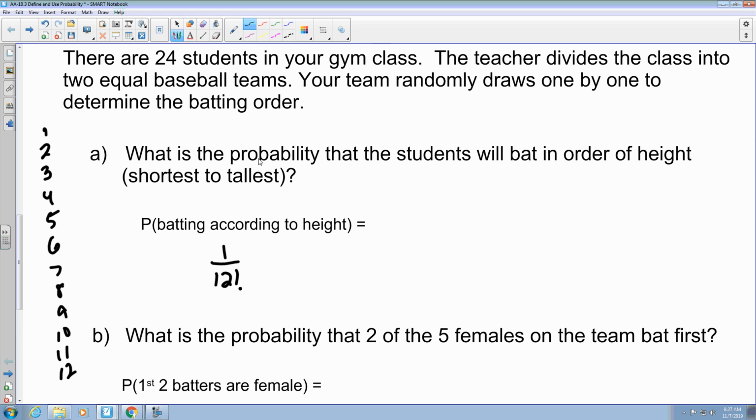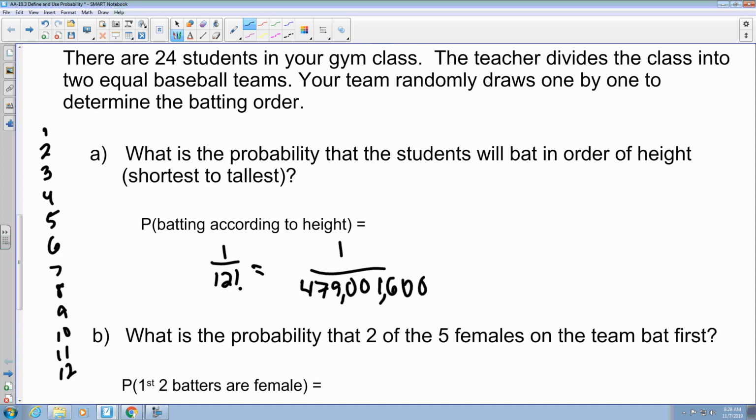If we were to figure out what that is, 12 factorial is 1 times 2 times 3 times 4 times 5 times 6 times 7 times 8 times 9 times 10 times 11 times 12, which is 479,001,600 possible outcomes.